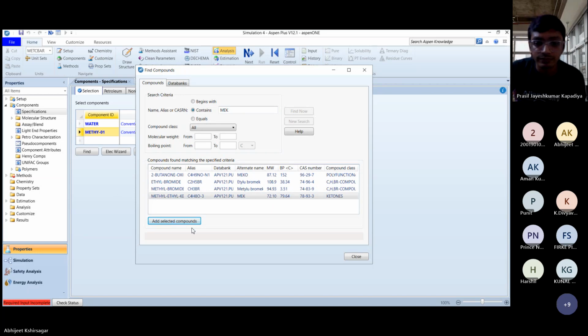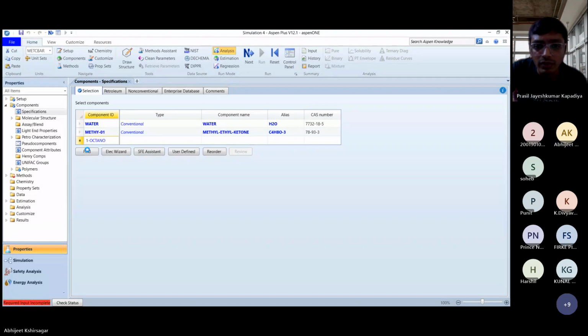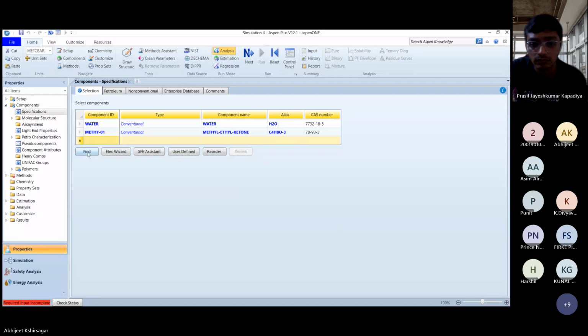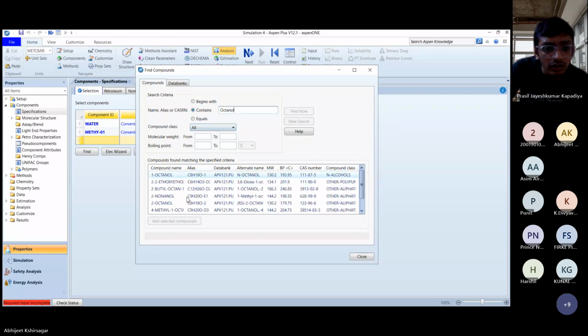You won't be able to write the whole name, you will have to search. Octanol, yes. Go for 1-octanol, the first one.